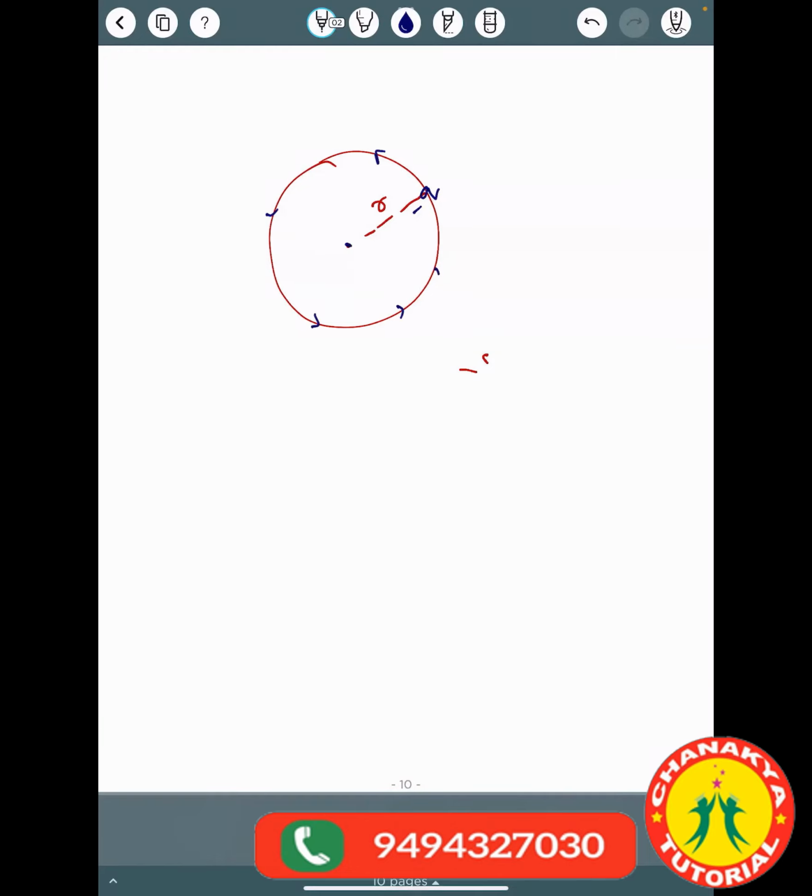So what will be the force? It will be the electric field times minus q, correct? So the force is E times minus q. E we know is 2k lambda by r, correct? Then into minus q. So it is minus 2k lambda q by r. Any doubt till here?